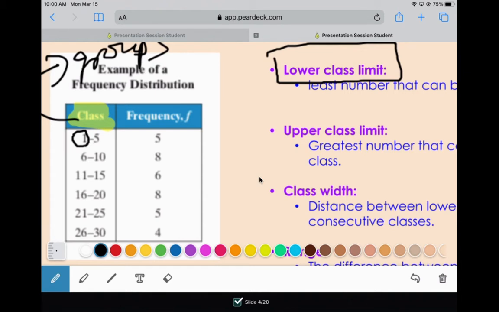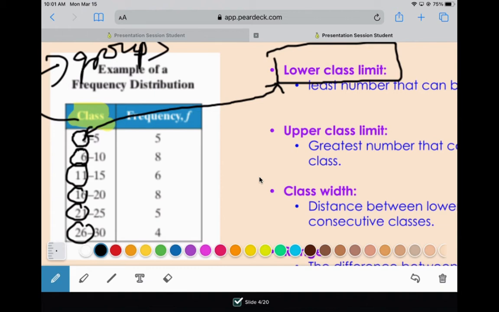So that is the lower limit. The lower limit will be these values, the ones on the left side, those are my lower limit. So for the class, you go from lower limit to higher limit. That means you go from the low values to high values.